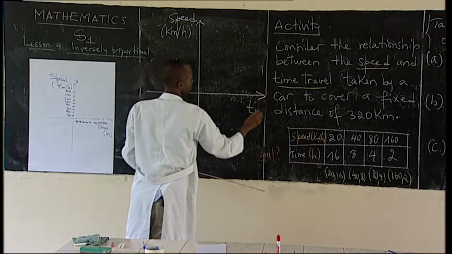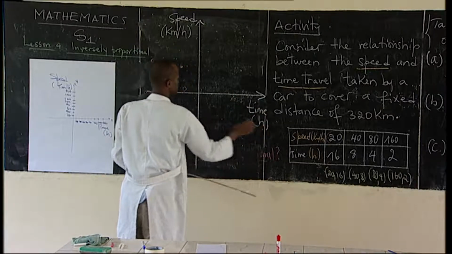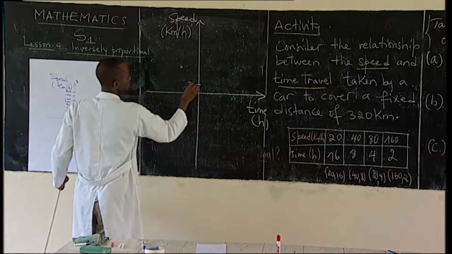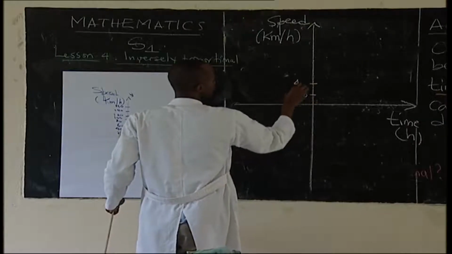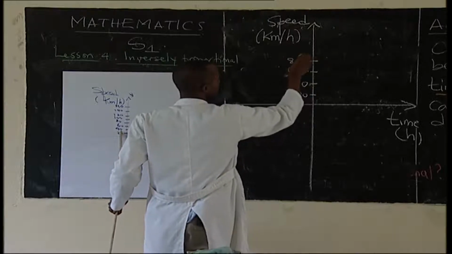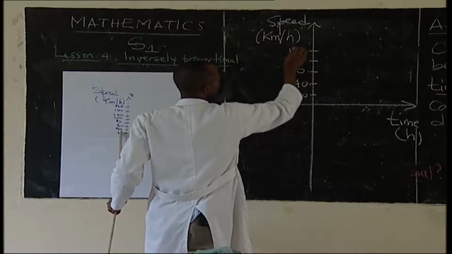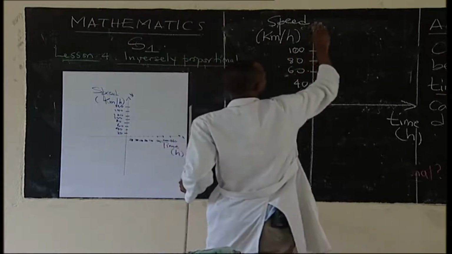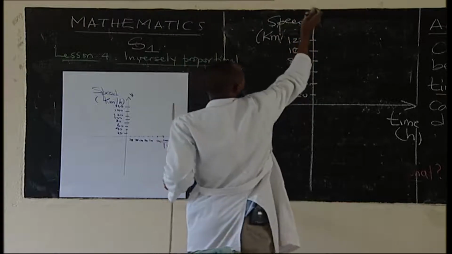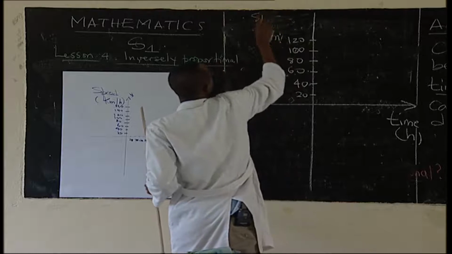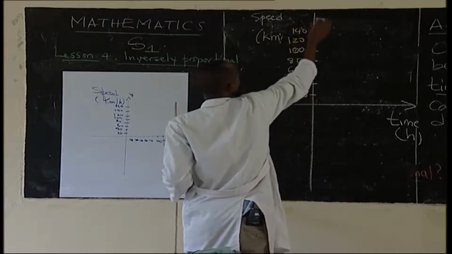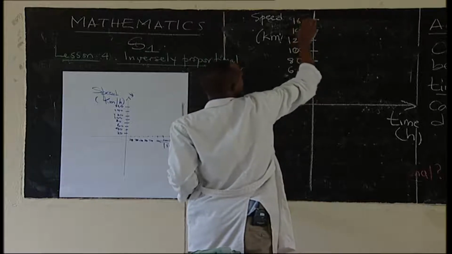Here we have time in hours. Let's say this is 20, 40, 60, 80, 100, 120, 140, and we have 160.